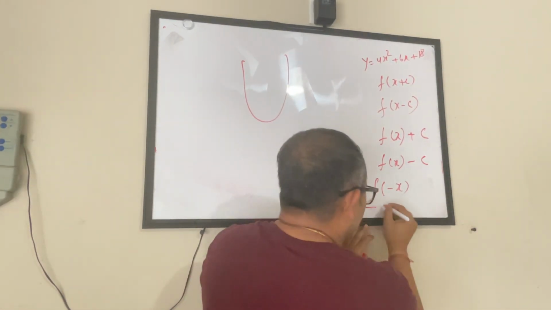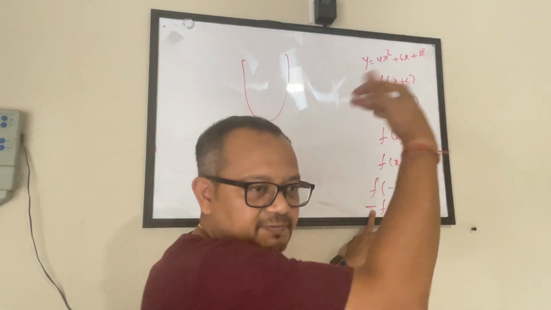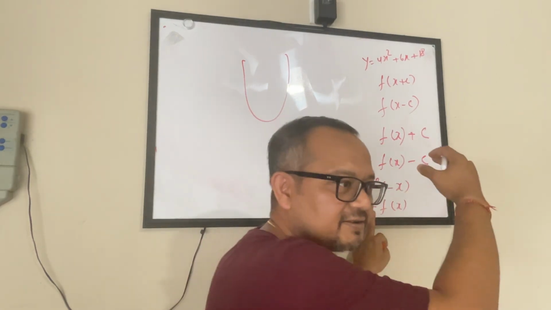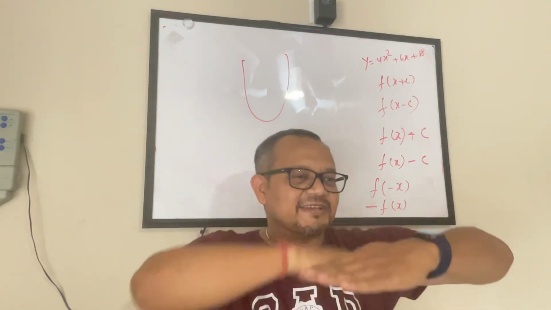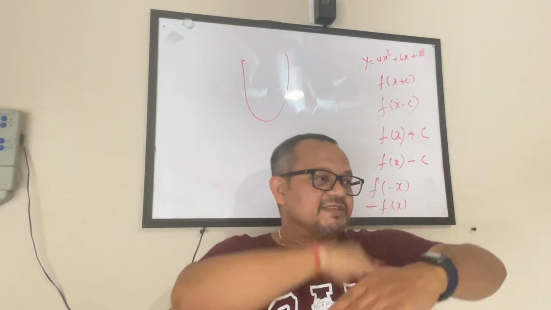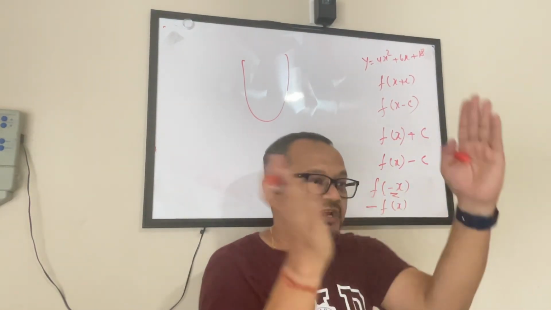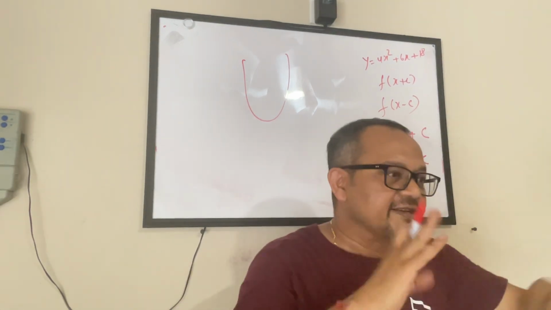If it is outside this, it is flipping against the x axis, sorry, yeah. I mean, this is my x axis. So if minus is outside, this flips against that one. If minus x is inside, it flips against my y axis. Yeah? It just creates a mirror image.